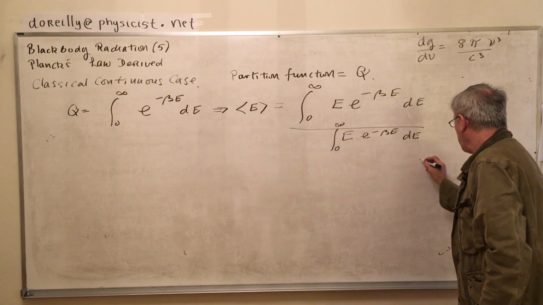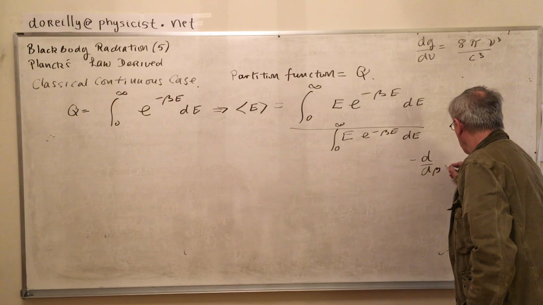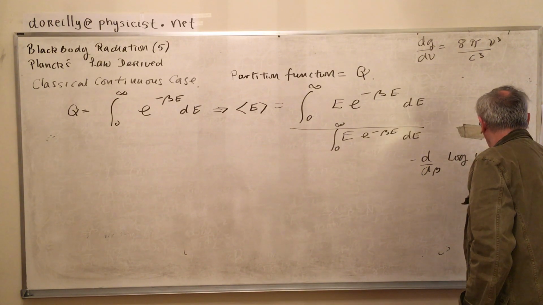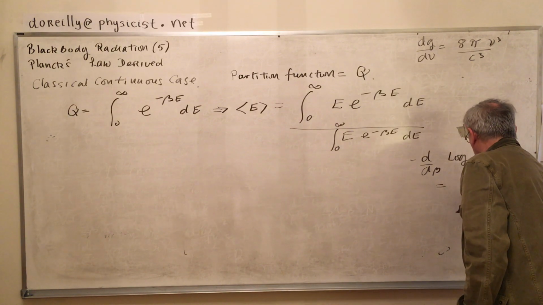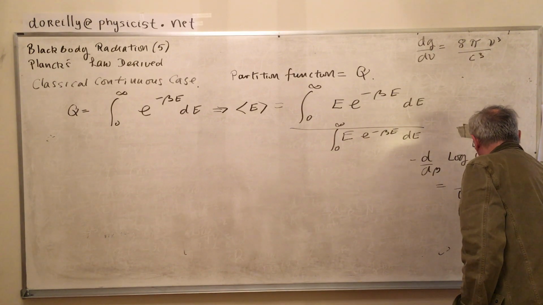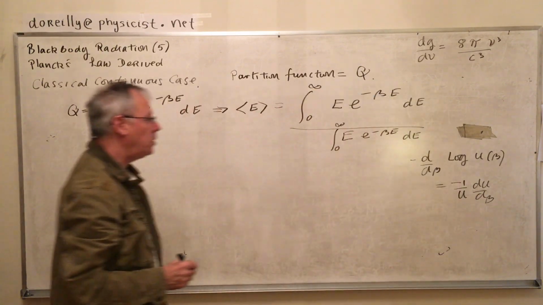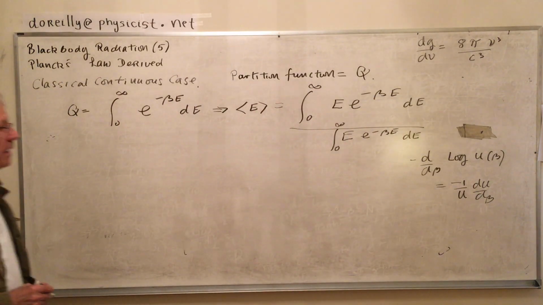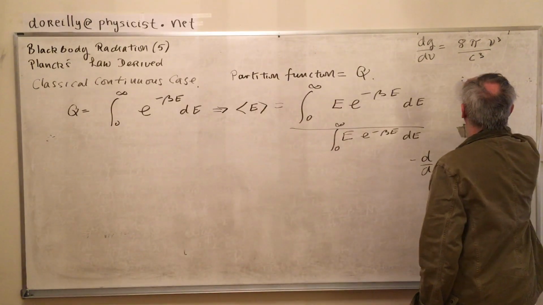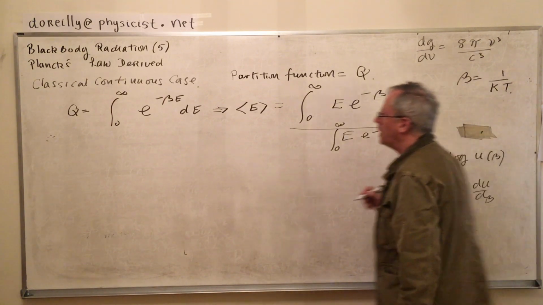Now we know straight away, when we take a derivative of a log function, it's 1 over u, du by d beta, for the log of a function of u and beta. And what is beta? Beta is the thermodynamic temperature, which is 1 over kT.